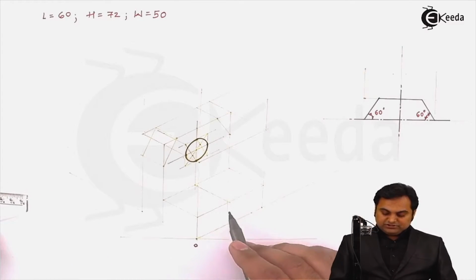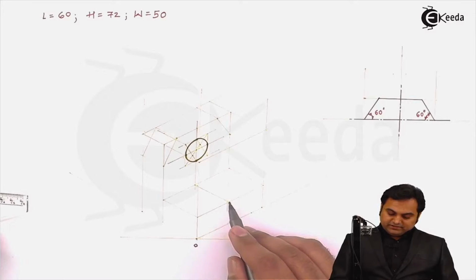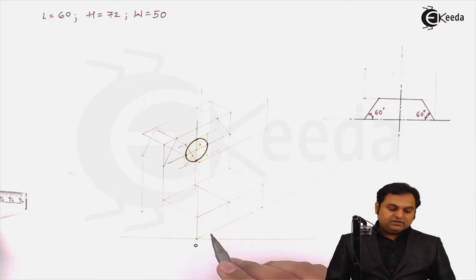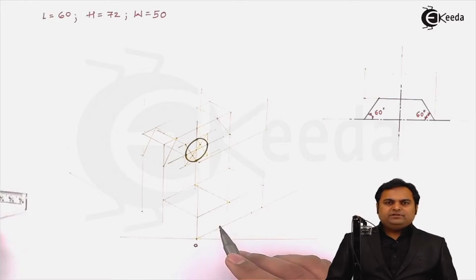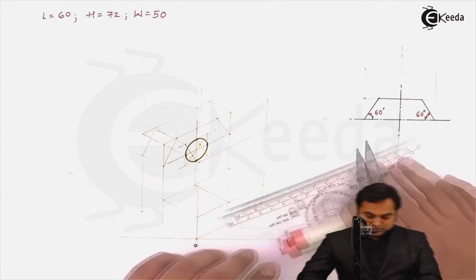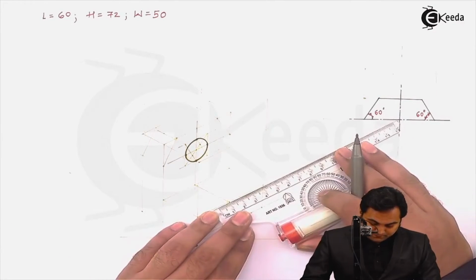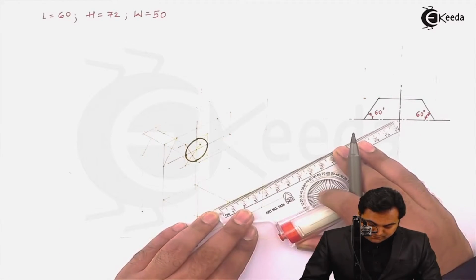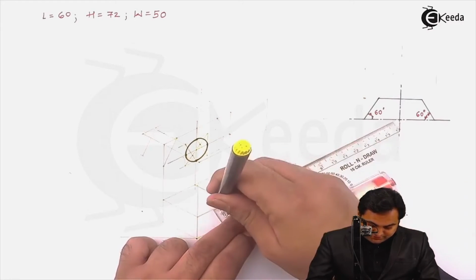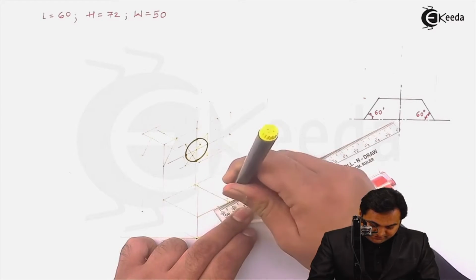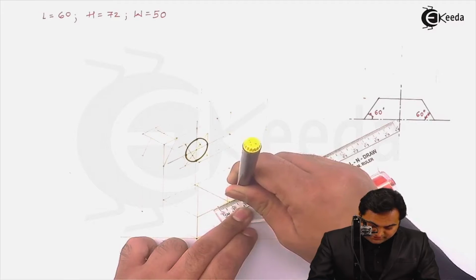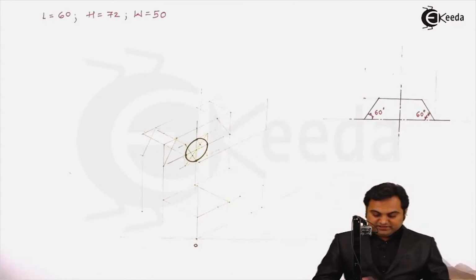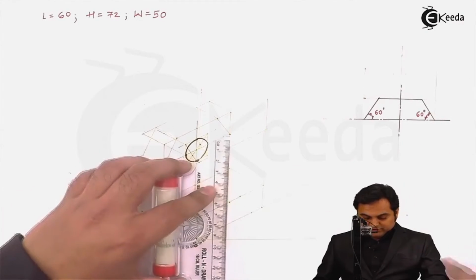Now I have to draw this semicircle, taking this center point as the reference. Radius is 10 mm, so the diameter is 20 mm. So from both the sides, I'll measure 10 mm on one side, 10 mm on other side. That gives me the value as 20 mm. Next, drawing vertical lines through them.